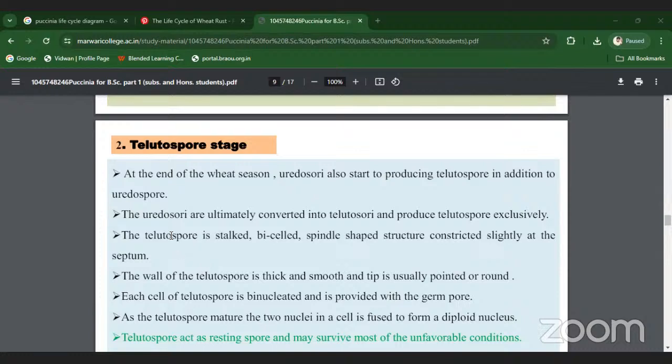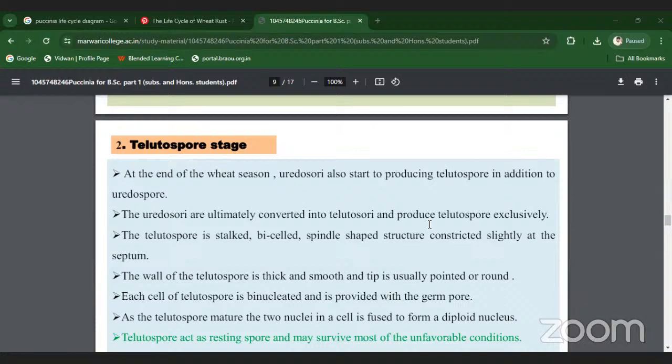Right. The urediospores are repeatedly formed during the wheat season. But at the end of the season, the pustule also starts producing teliospores in addition to urediospores.